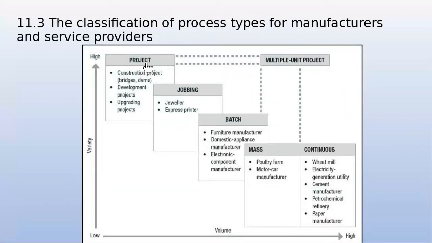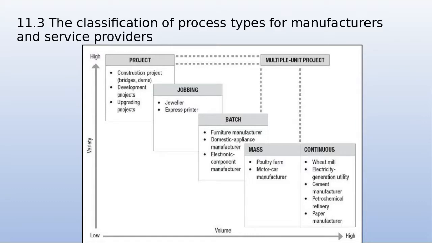The first one is the project process. This is, for instance, like building a house or building an office block. Not all houses look the same. So the volume, the amount of houses that they're building at a time, is very low. A construction worker might have 2 houses that they're working on, but that's it.